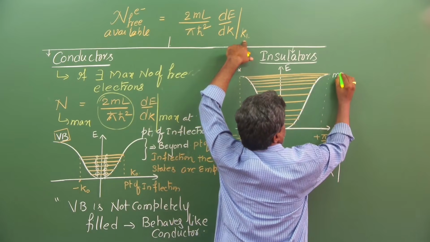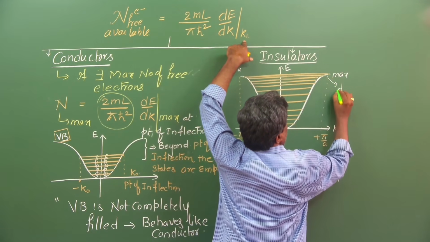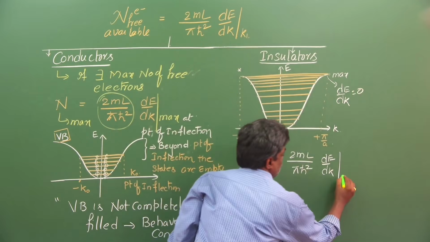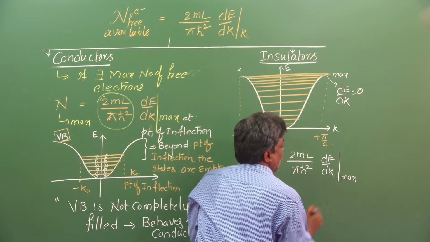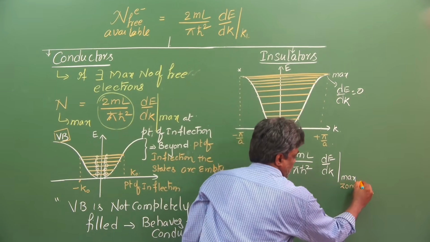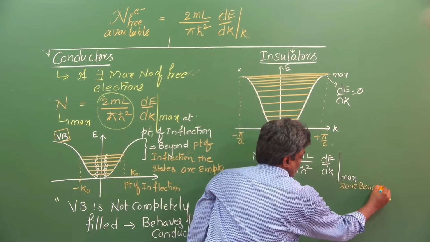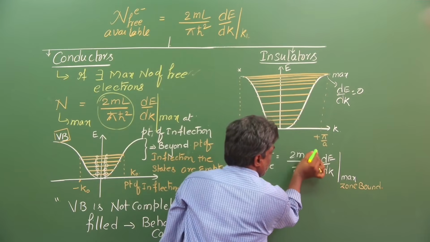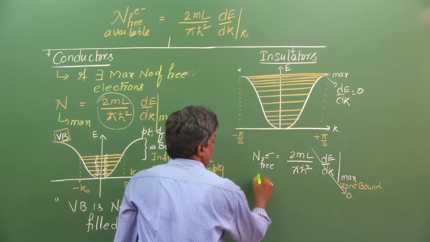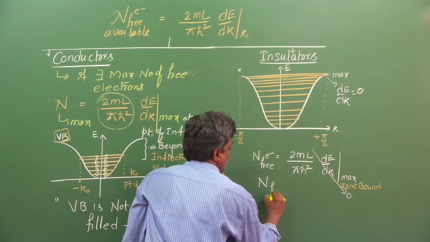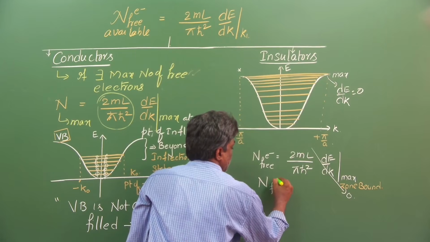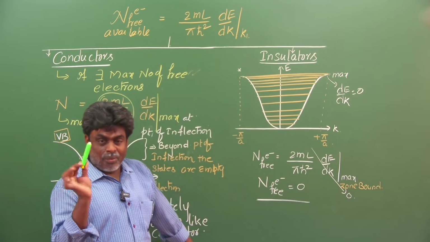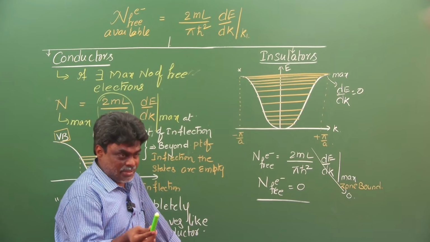At this maxima, could you please tell me dE by dk equal to? The maxima or zone boundary, in terms of the reciprocal lattice. That's why N, the number of free electrons, is zero. So why is this behaving like an insulator?